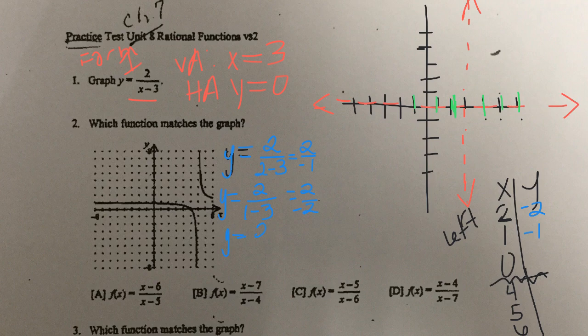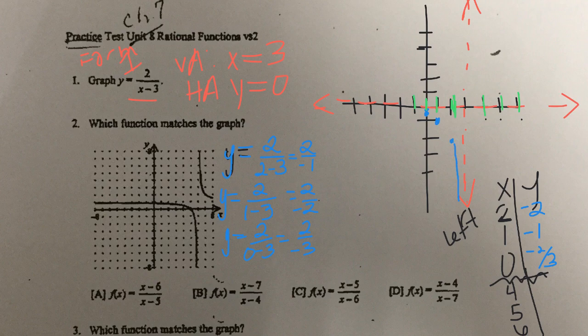And y equals 2 over 0 minus 3, which is 2 over negative 3, which is negative 2/3. So those points are 0, negative 2/3, which is about there, 1, negative 1, and 2, negative 2.